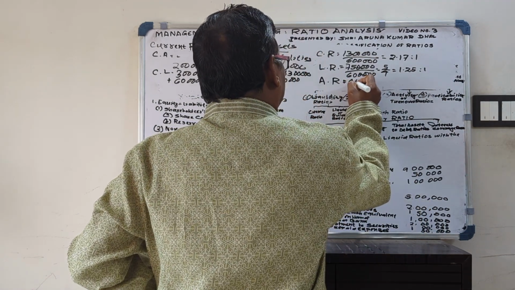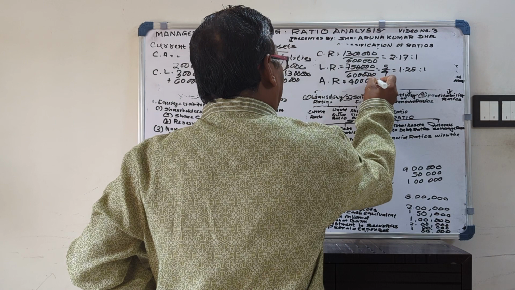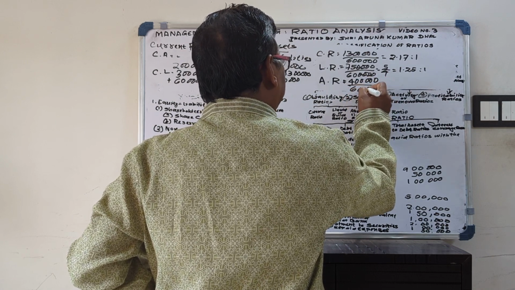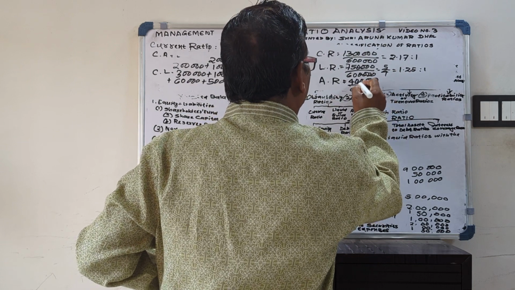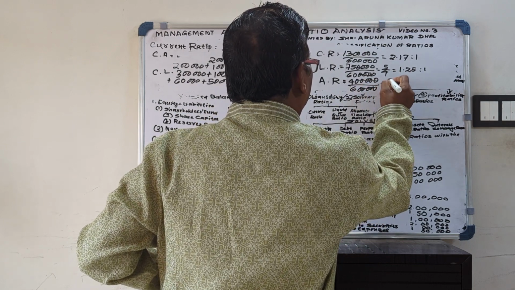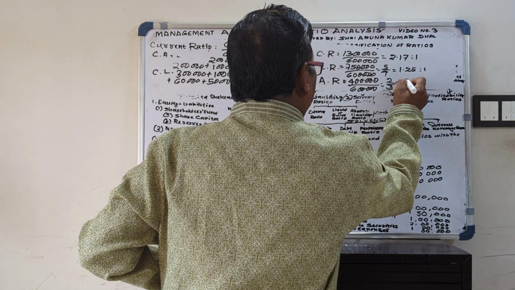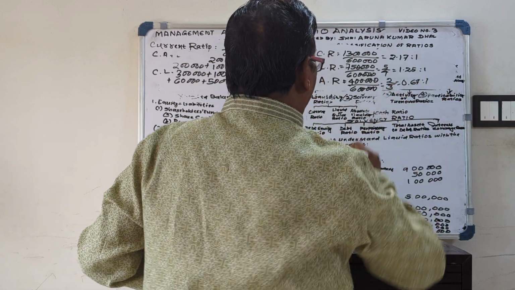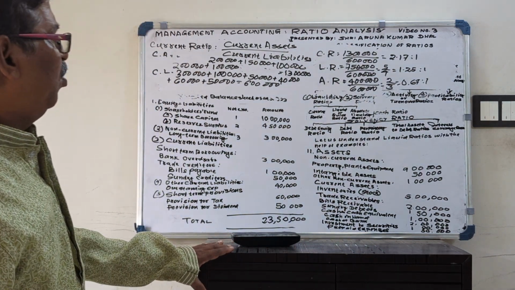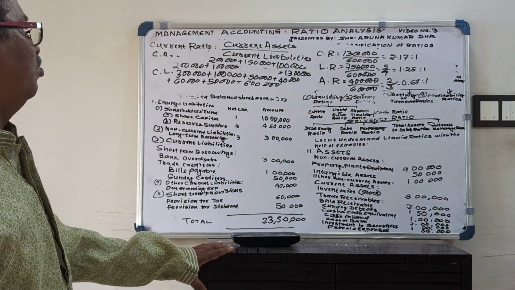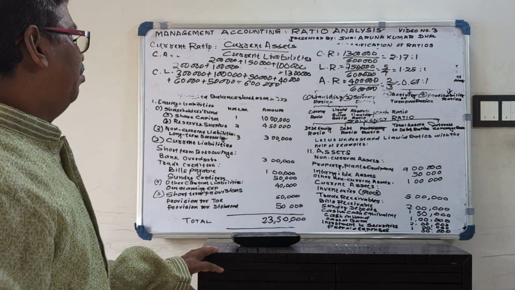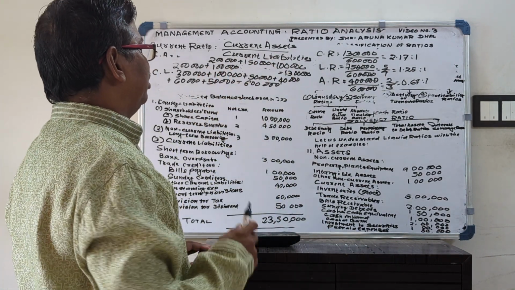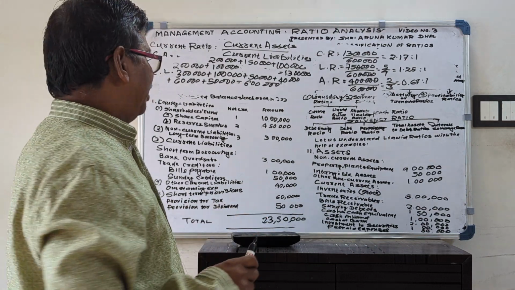The absolute assets are 4 lakh and current liabilities are 6 lakhs. So the ratio is 0.67:1. The ideal ratio is 0.50:1. So in the given problem, all the ideals or yardsticks are satisfied.